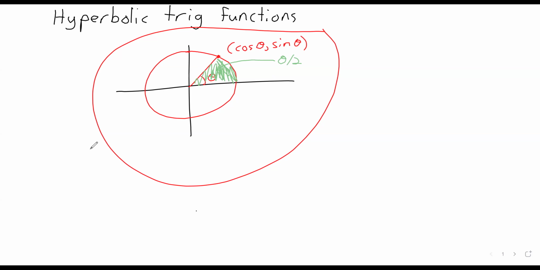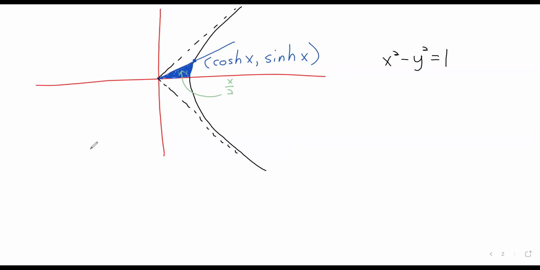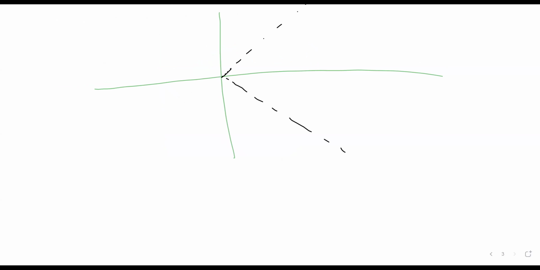But why? I mean, granting that we can do this, what's the point? Well, the point is that this hyperbola has these asymptotes, and the hyperbola is stuck between these asymptotes.